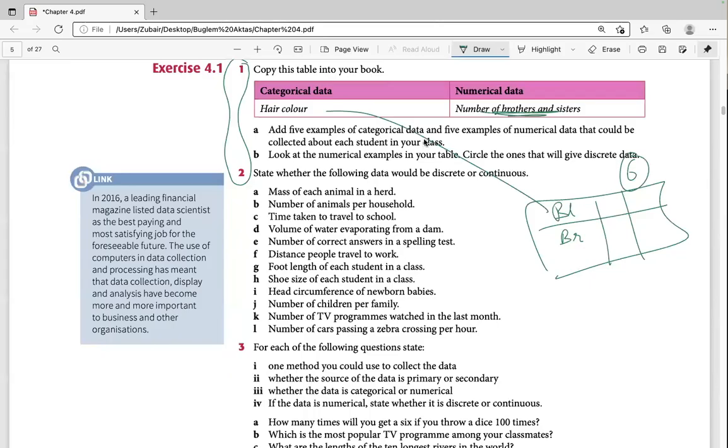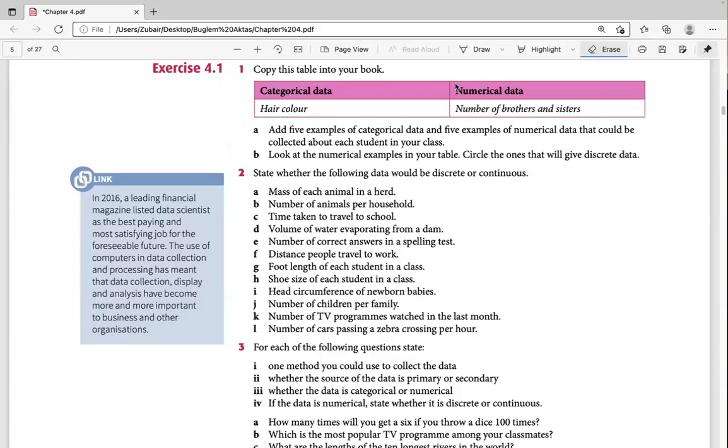Add 5 examples of categorical data and 5 examples of numerical data that could be collected. So if he said this, let me think of one. Okay. Let's say I'm talking about my family and I'm asking them what type of dressing do you usually do?